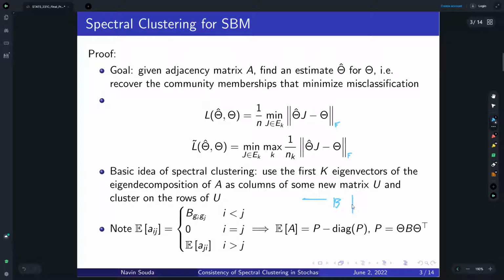If these two are both unit vectors where there's only a 1 and the rest of the entries are 0, and let's say this has a 1 in entry I and this has a 1 in entry J, you're going to pick out B_ij. So that's basically the form that our matrix data takes, but just with more rows. It should make sense that we're going to pick out those specific entries from our B matrix.